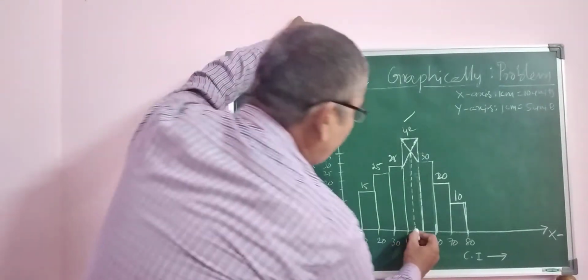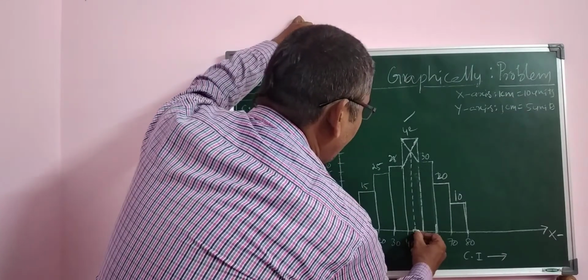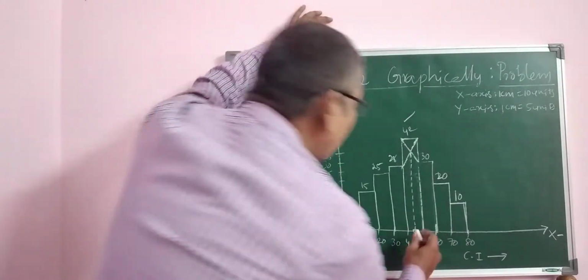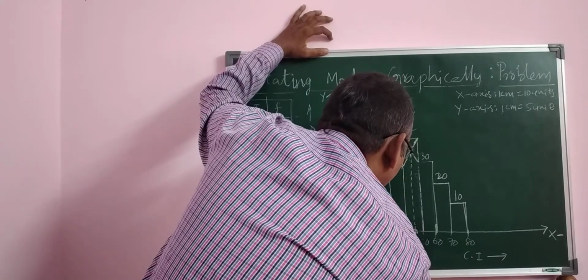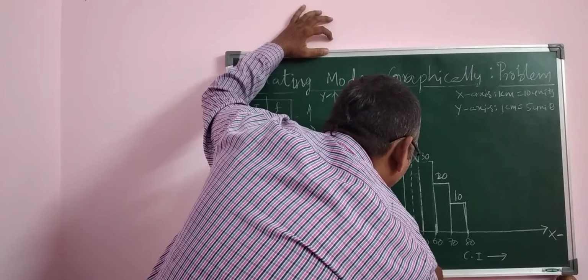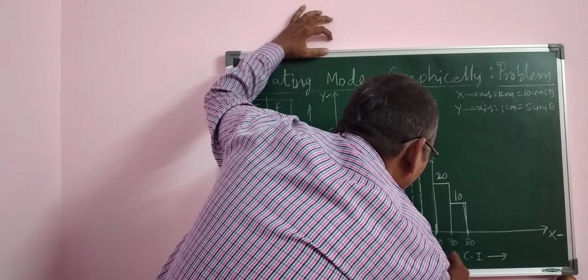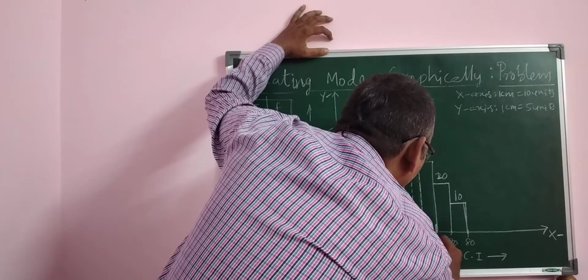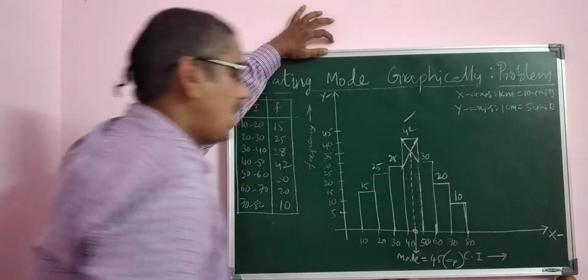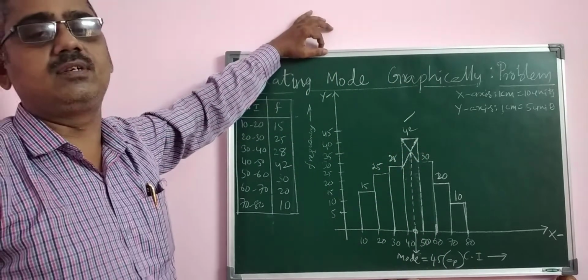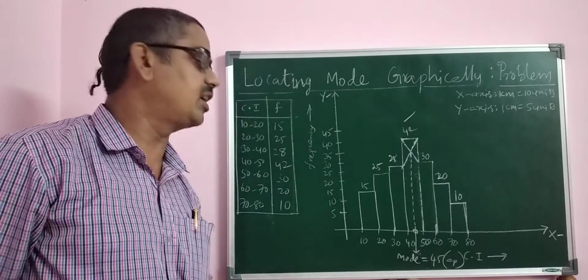This is the point I have rounded off, and that point gives the value of the mode. You indicate it here and write down that the mode is equal to, for example, 45, approximately. I am indicating it here through the graph.